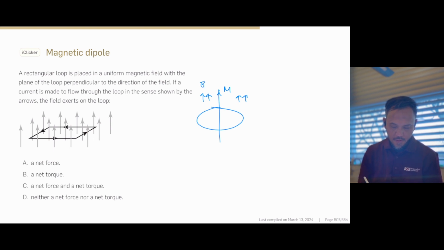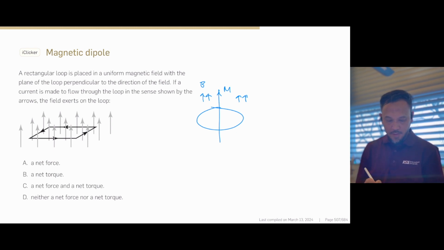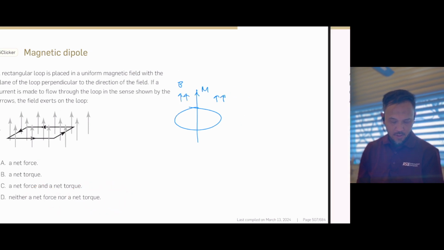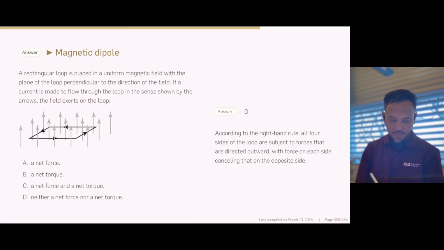Okay. So here, because it's the position with the lowest delta G, the most stable position, the torque is 0. And we know for rotary motors, the linear force is 0. So no net force and no net torque. Okay, so the answer here is D.